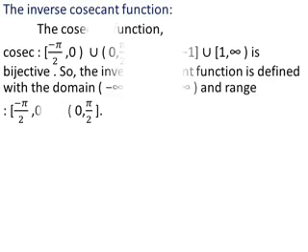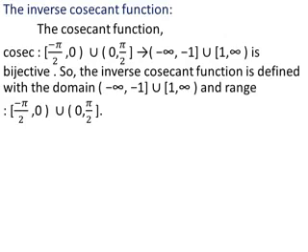The inverse cosecant function. Before, we saw the domain of the cosecant function is R difference n pi. But here we are taking the domain of the cosecant function like this, where the function is bijective.